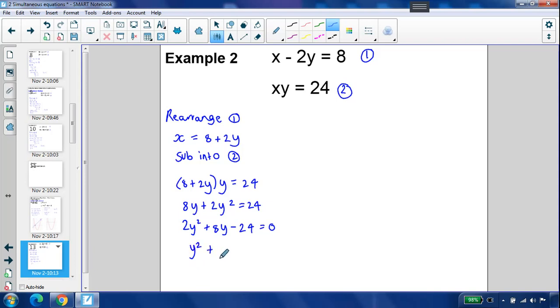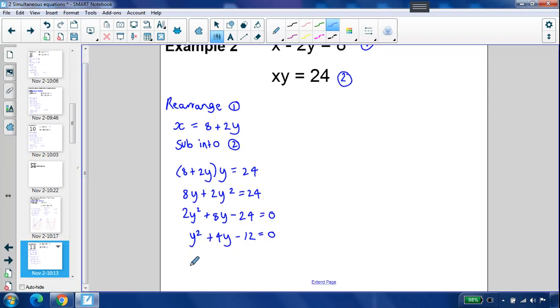Each term has a common factor of 2. Now I'm going to factorise. So I'm going to have y plus 6 and y minus 6. Sorry, y minus 2. I wrote the right thing. So y plus 6 and y minus 2. So y is going to be equal to minus 6, or y is going to be equal to 2.